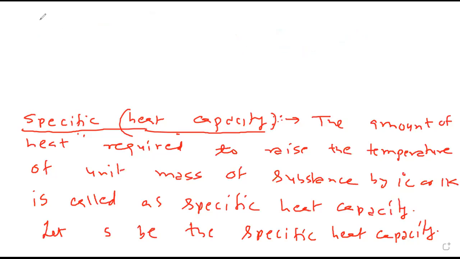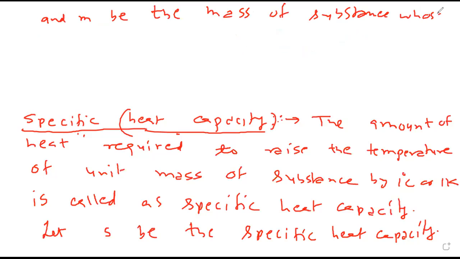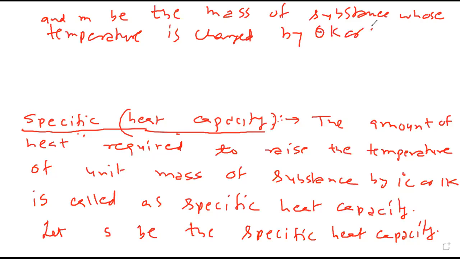Let s be the specific heat capacity and m be the mass of the substance whose temperature is changed by theta Kelvin or theta degree Celsius.